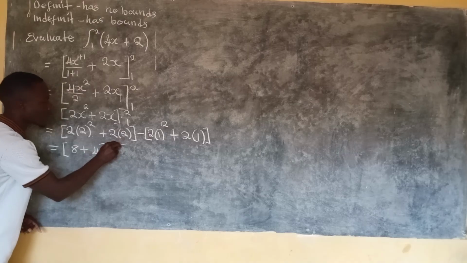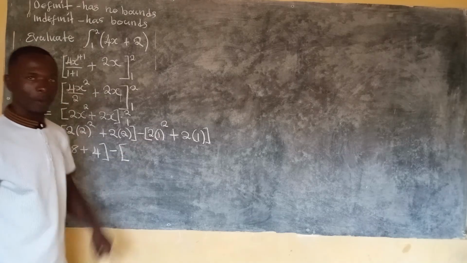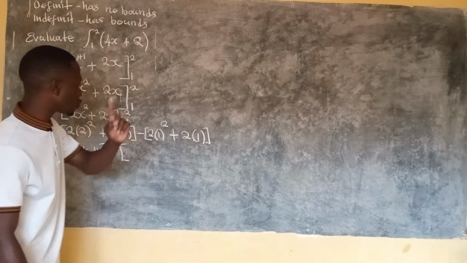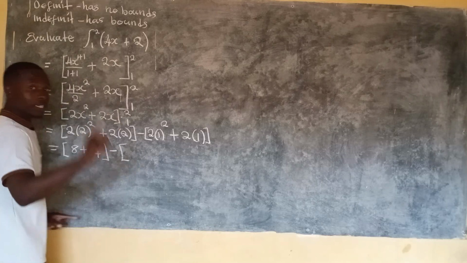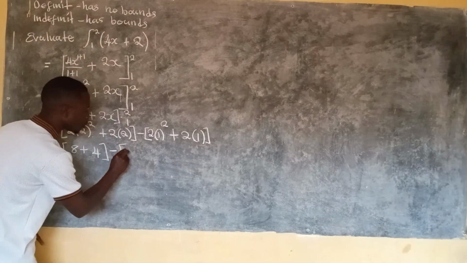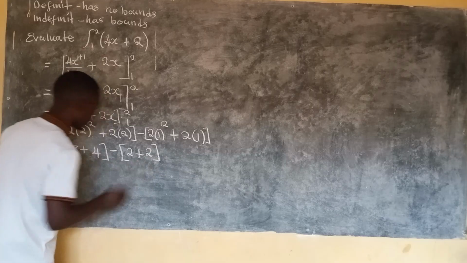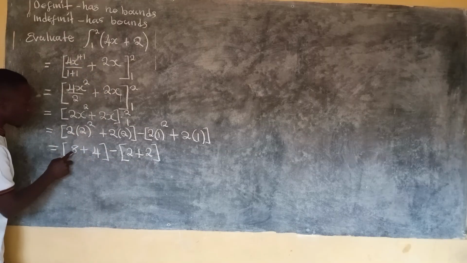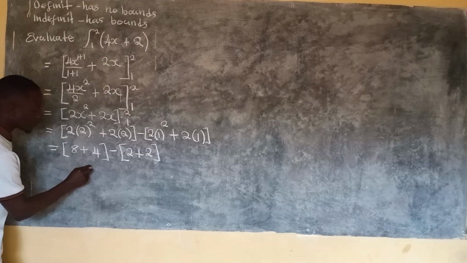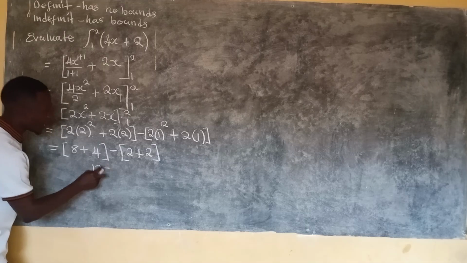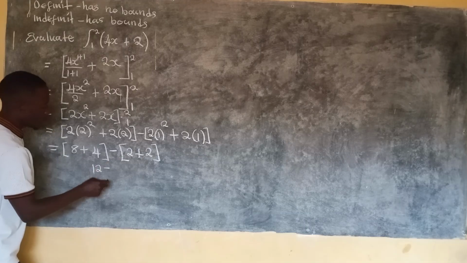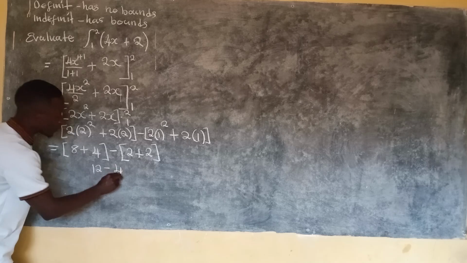We close, minus 1 raised to the power 2 is 1, meaning 1 times 1 gives us 1. That answer 1 multiplied by 2 gives us 2, plus 1 by 2, which gives us 2. This 8 plus 4 gives us 12, minus 2 plus 2, which gives us 4.